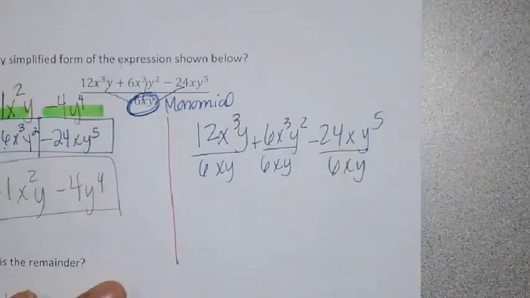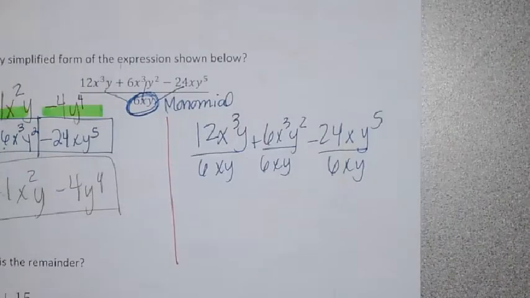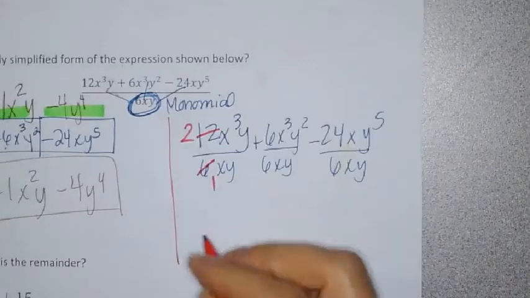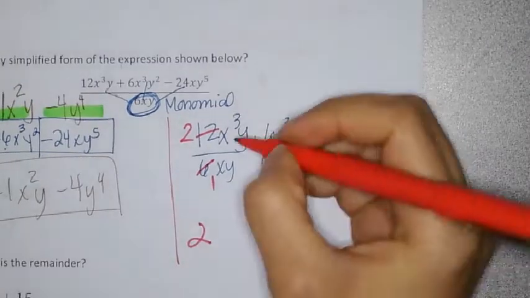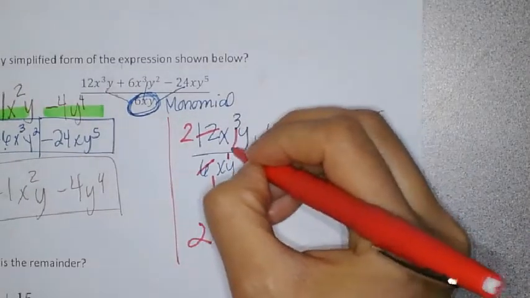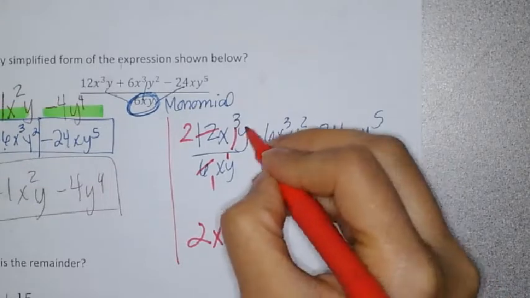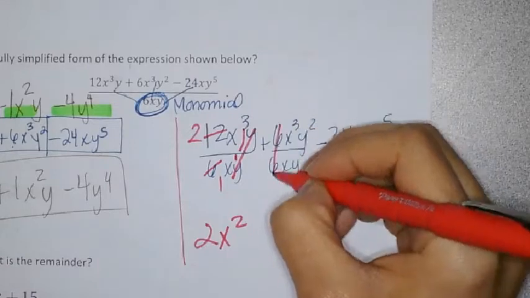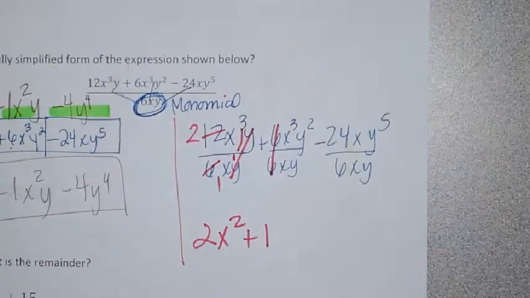Okay? If you do it this way, you would use laws of exponents. So here I would divide this out. So that's 2 in the numbers. This is a 1 if I don't see it. 3 minus 1 is 2, and those y's cancel out. Okay? Over here, 6 and 6 cancel out, so that's a 1.